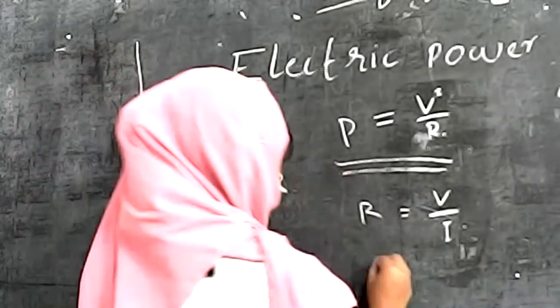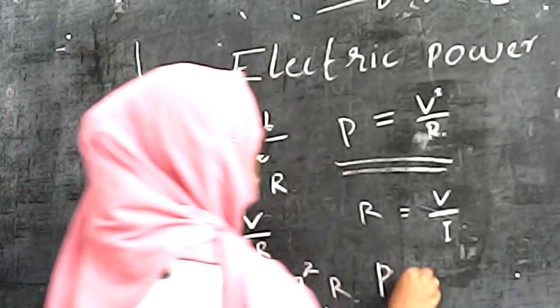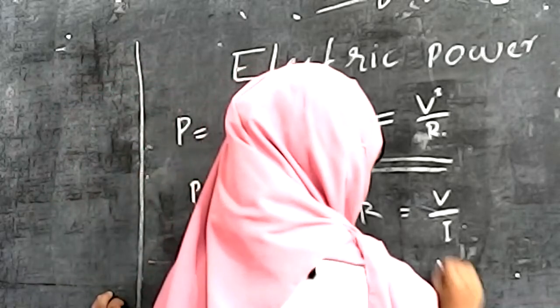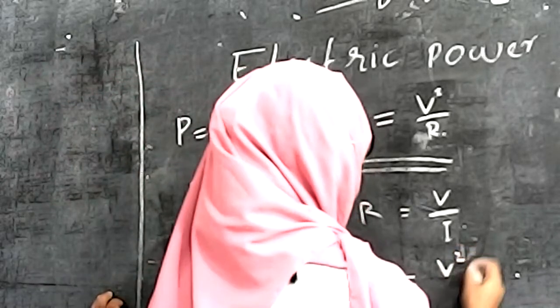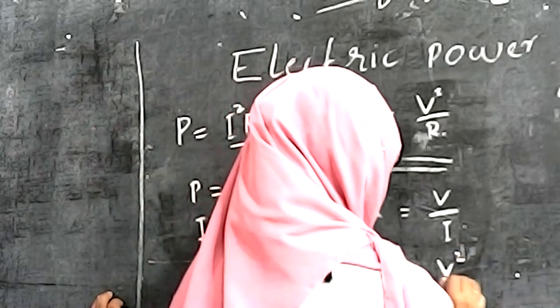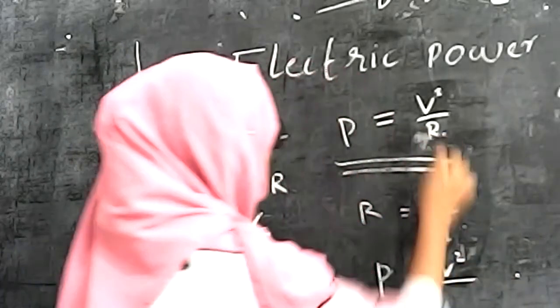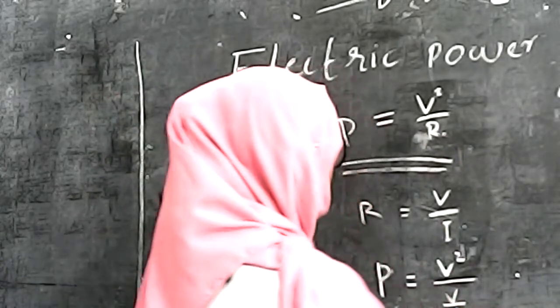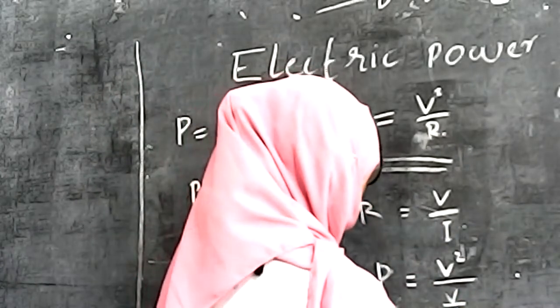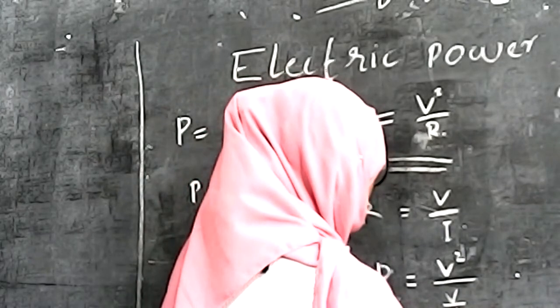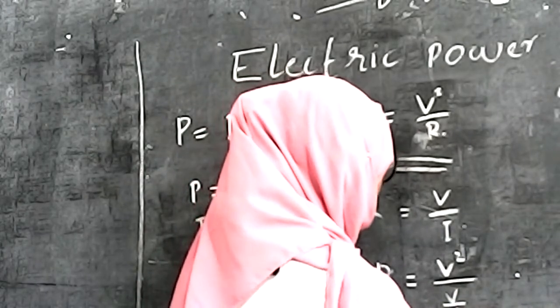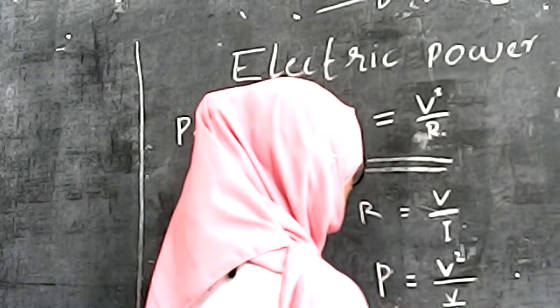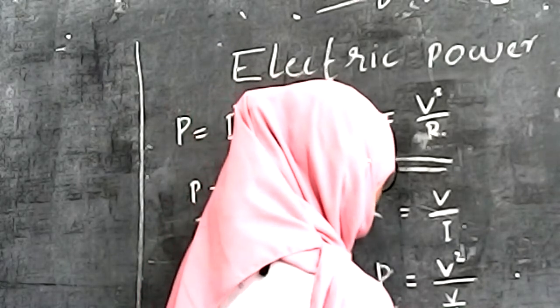So this is put in P. P is equal to V square divided by R, where R is V by I. So it is equal to V square into I by V, which is equal to V I.